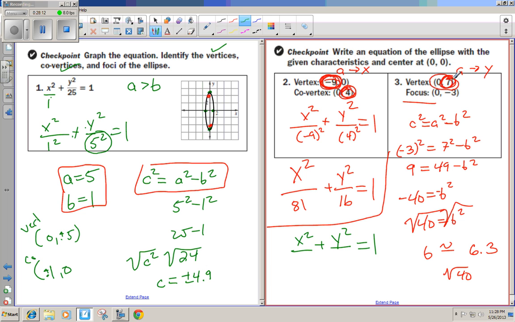Remember, the vertex here was 7, right there. It's in the y's position, so you go under the y, so that's 7 squared. And that's the square root of 40 squared. So my equation is x squared over 40 plus y squared over 49 equals 1.